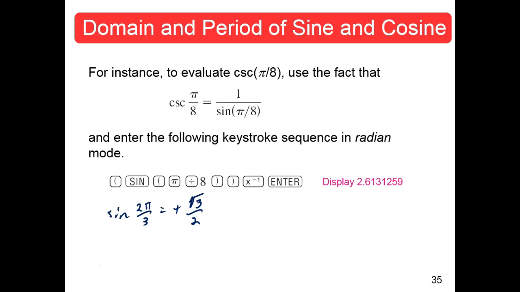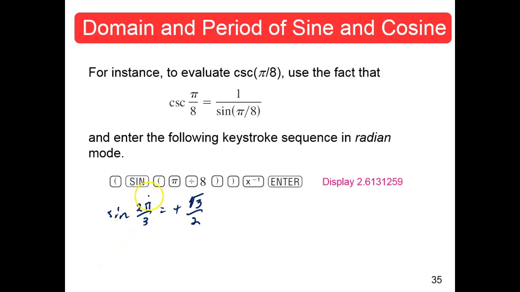Now, you're not going to get that on your calculator, are you? Because it doesn't give you √3s. It's going to give you some decimal number. So you can plug that in and see what you get. How do you do this on the calculator? It's really straightforward.